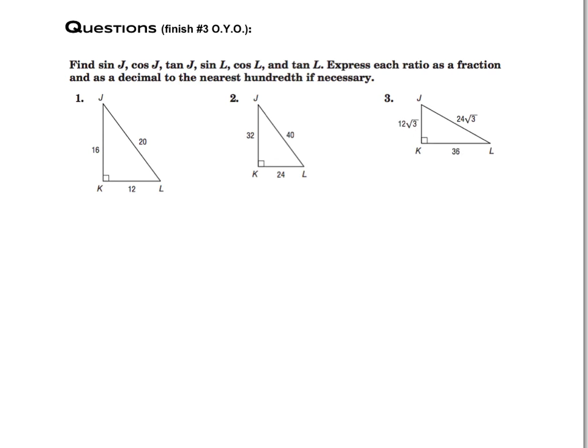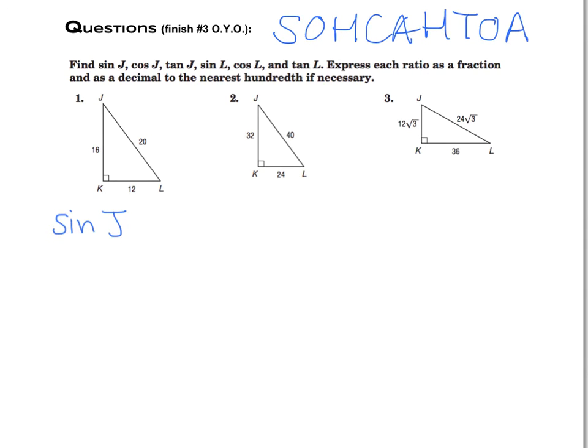On this first one, when we have sine of angle J, we're going to sit ourselves at this part of the triangle, and remember, in SOHCAHTOA, I have that in front of me, and I know that all the 3 letters kind of separate into those pieces of the ratio that we need.